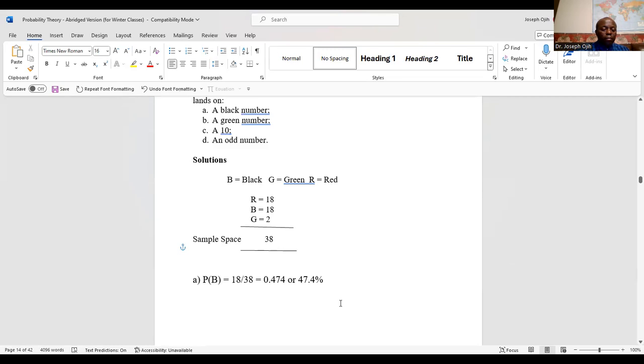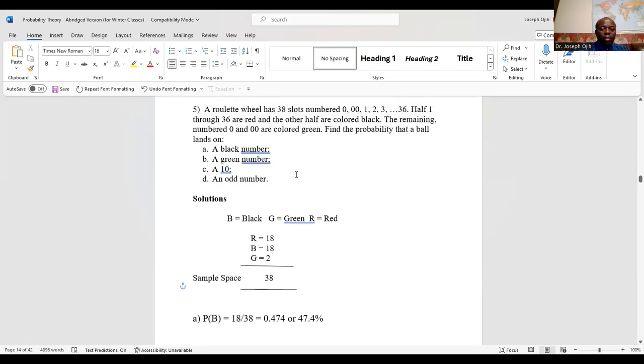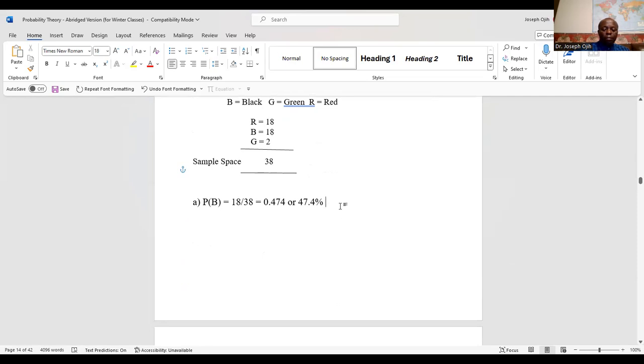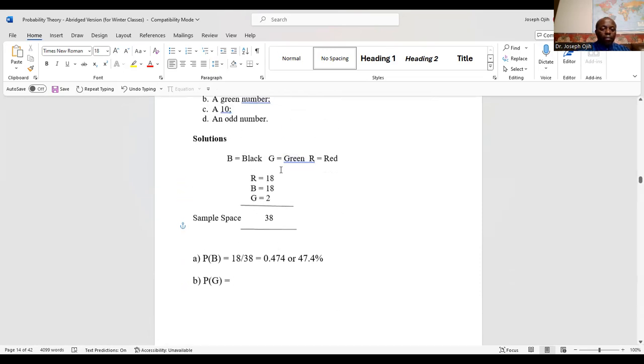The second question says to find the probability that the ball falls on the green number, that's part B. The probability that it falls on green, P(G), will be, how many green numbers do we have? We have 2 of them.